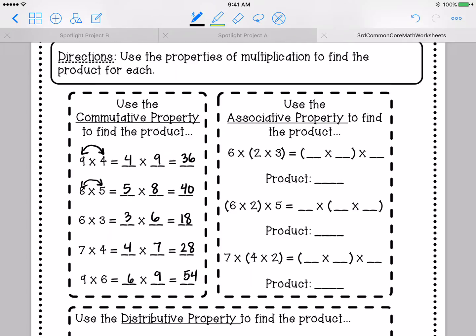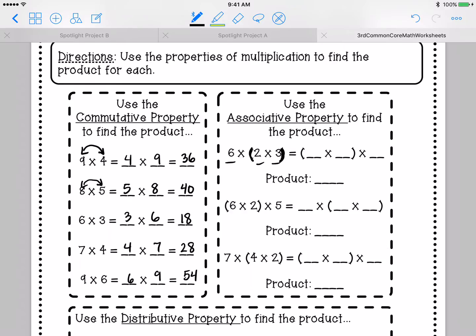Moving on to the associative property. With the associative property, you have 3 factors, and all you do is move the parentheses. These things right here that I'm highlighting are called parentheses. All you do with the associative property is move them around. So here we have 6, 2, and 3.